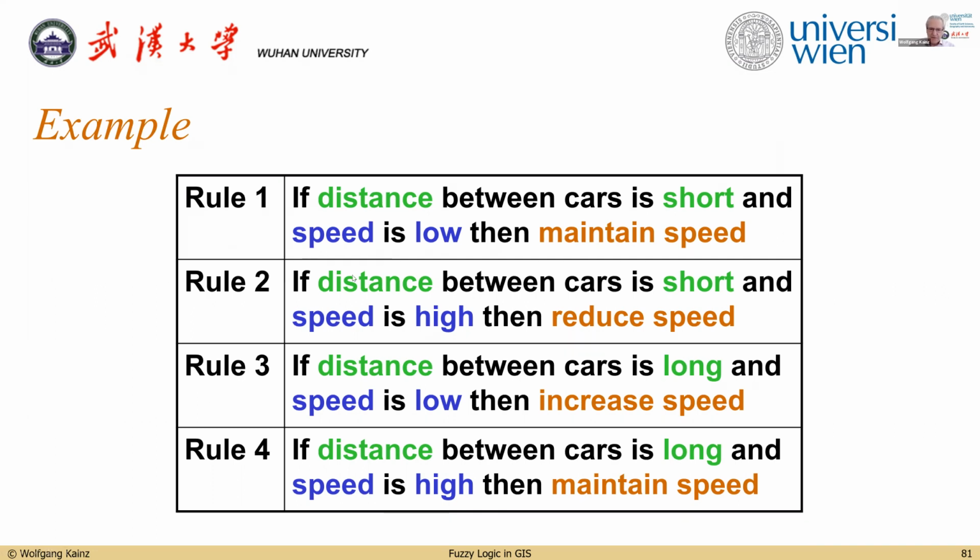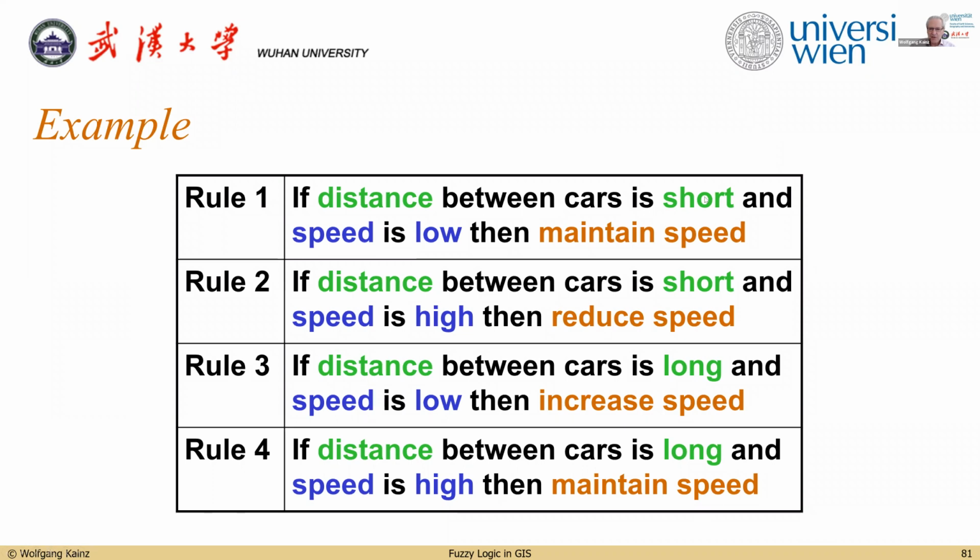So we have 3 linguistic variables: distance, speed, and the acceleration or deceleration behavior. And we have values for these variables.